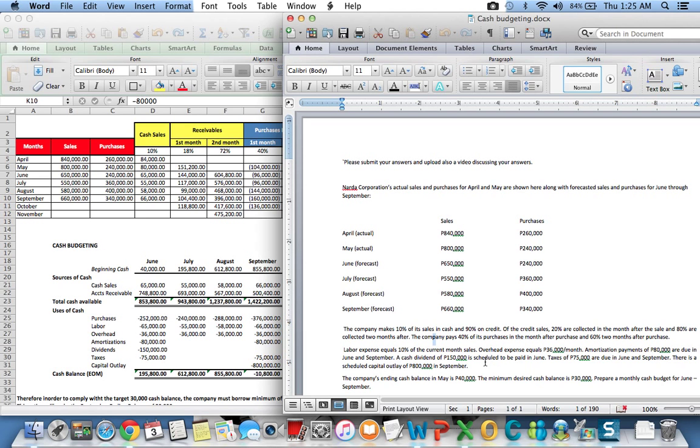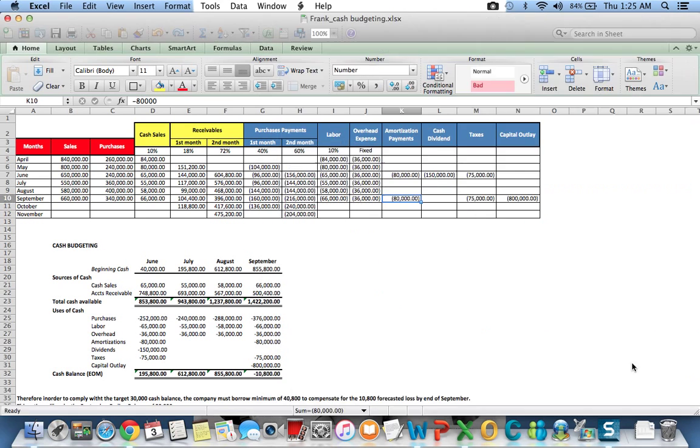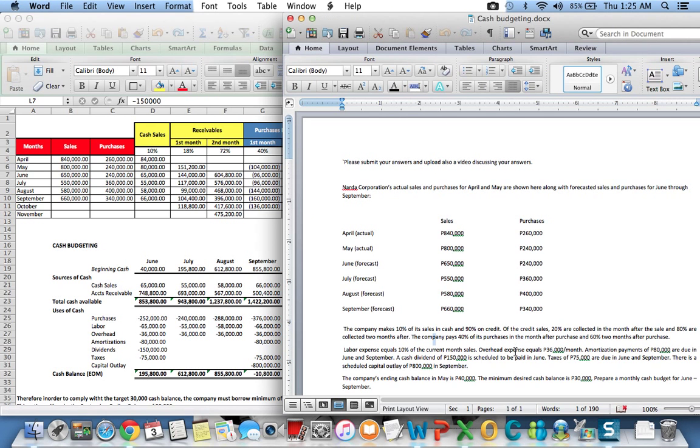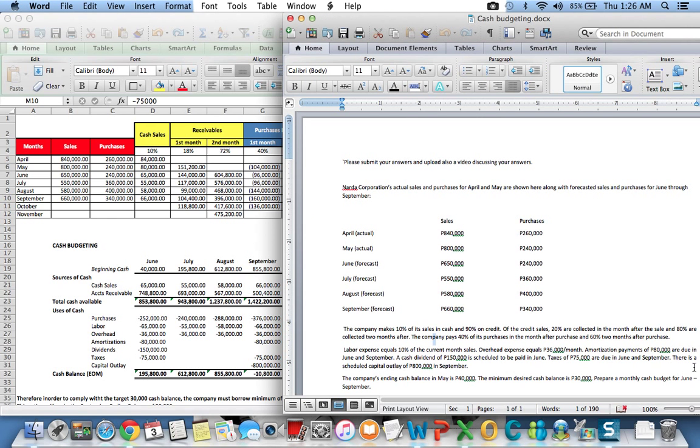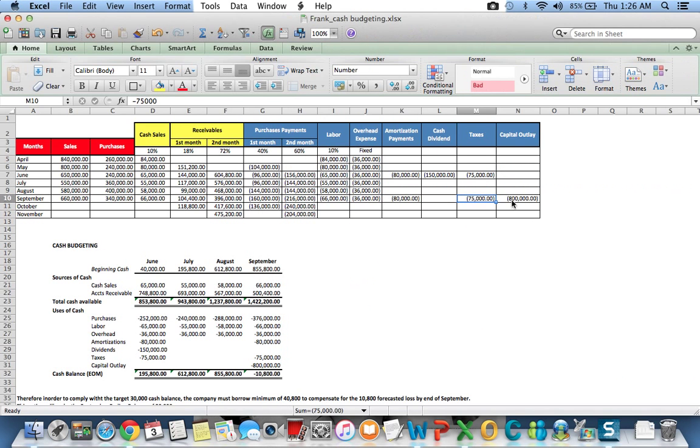A cash dividend of 150,000 is scheduled to be paid in June. Taxes of 75,000 are due in June and September. There is a scheduled capital outlay of 800,000 in September. These are the uses of cash of Narda Corporation.